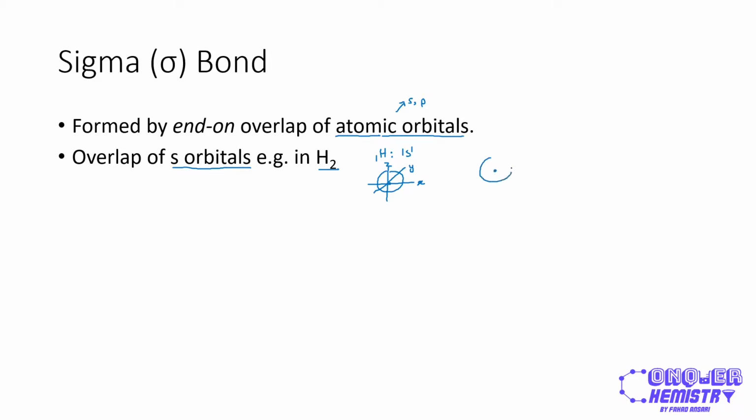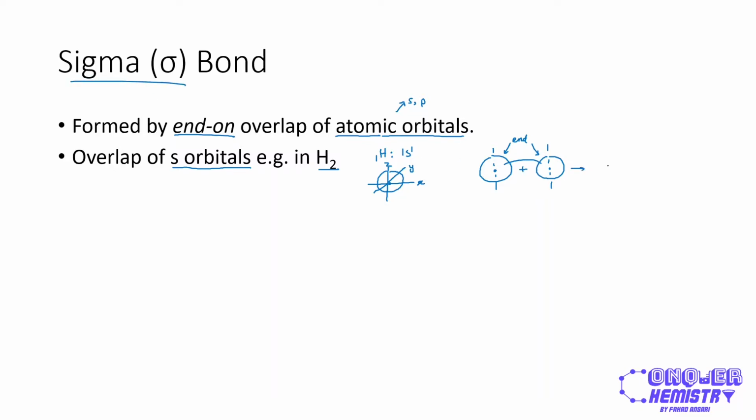I have two hydrogen atoms with their nuclei and their 1s orbitals. When these get together, if I divide this s orbital into two ends, this end and this end, which are facing each other, overlap end-on to form a sigma bond.